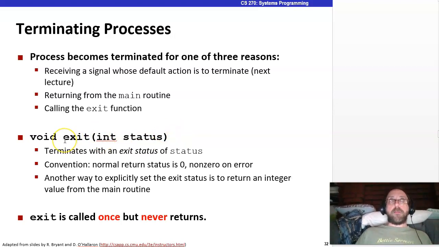But if I want to exit my program early from within another function, for example, if I detected an error and need to stop the program, like in lab 2, then I would call exit to do so. So notice you call exit once, but it never returns. Its return type is marked as void here, but the line after the exit will never happen. It terminates the program.